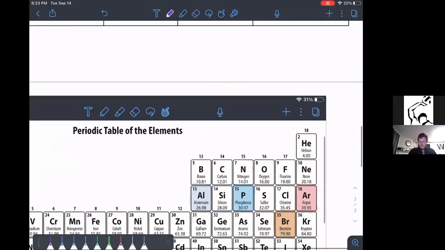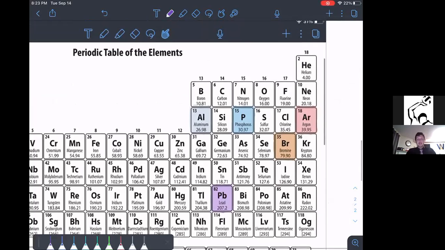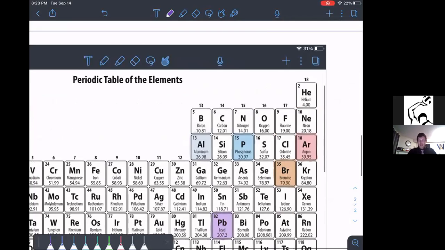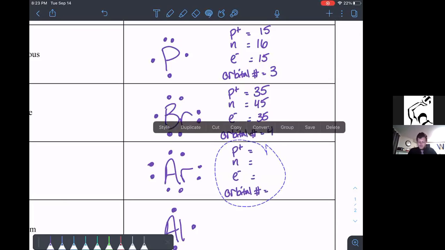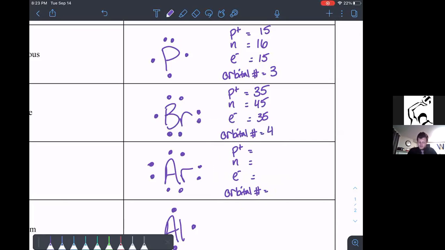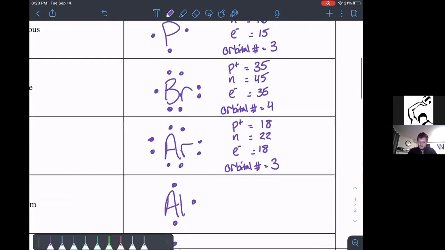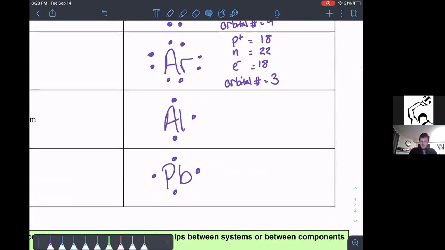Next, we have argon. Argon is Ar. It's number 18. It has 18 protons then and 18 electrons. Its mass number minus its protons is going to be 22. And it's in row 3, which means it has 3 orbitals. Aluminum.